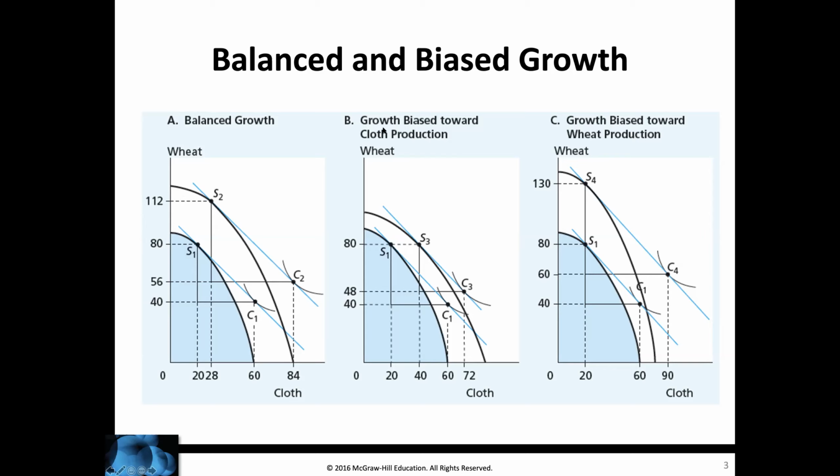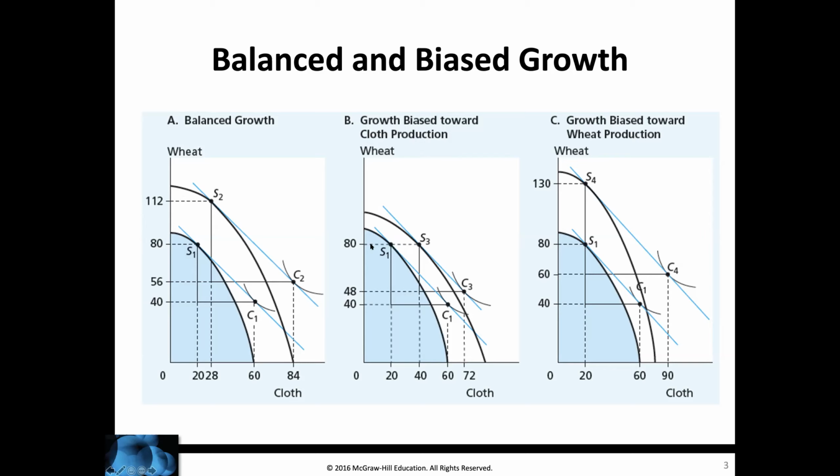When we look at B here, we see a growth bias towards cloth production. So we see the production possibility curve increase more for cloth than for wheat. We start here with our production at S1 before the shift and end up at S3.